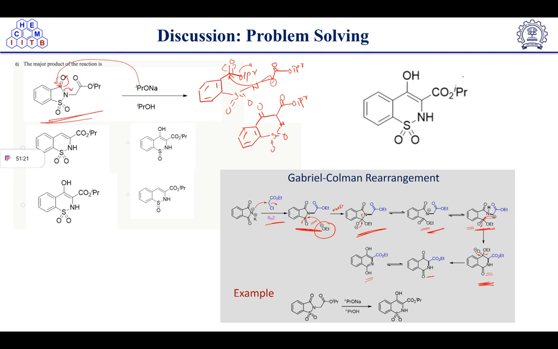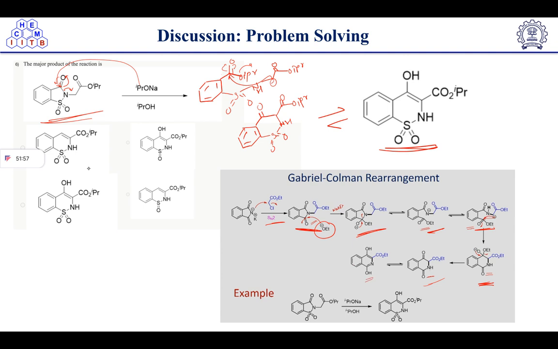Okay. After getting this one, what's the next step? Till here we got, right? Till here we get the product, and then aromatization will take place, which will happen like this one, and we'll get this as a product.